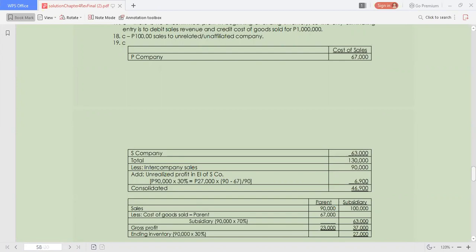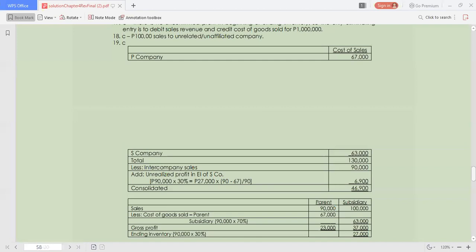20x4 consolidated income statement? So we have now the answer to number 18. Sales to be reported in the consolidated income statement is 100,000, as given in our solution for the sales to other companies. So, unaffiliated companies, sales of 100,000 sold actually by Pilfer.